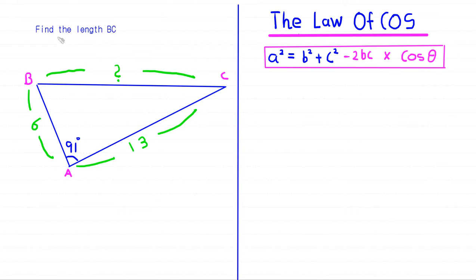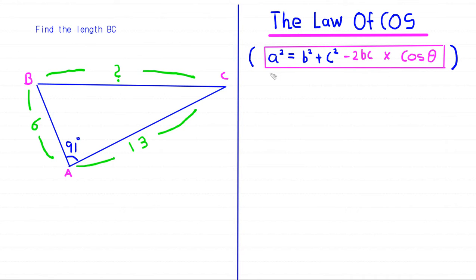So in this video, I'm going to talk about using the law of cosines for finding the missing lengths, which is in this case BC right over here. And here's the law of cosines formula that we learned last time.